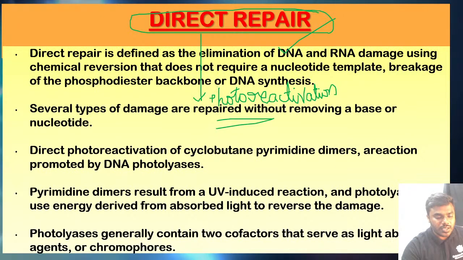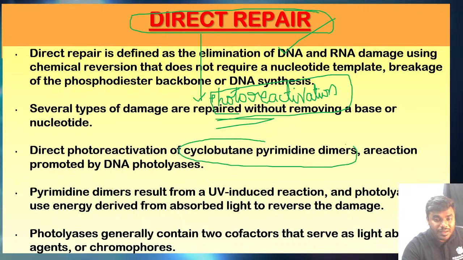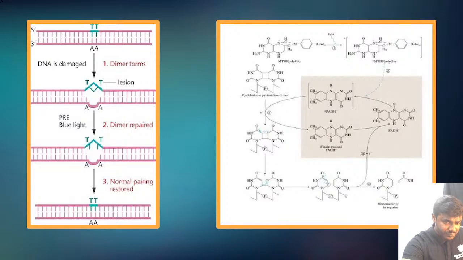That is the reason only, friends, we have given the name photoreactivation. So friends, by using this particular photoreactivation or direct repair mechanism, what kind of damage can we repair more often? We can repair cyclobutane pyrimidine dimers, or pyrimidine dimers.